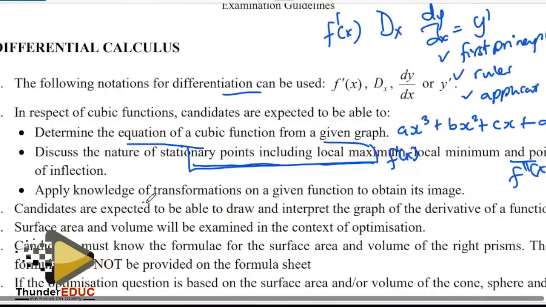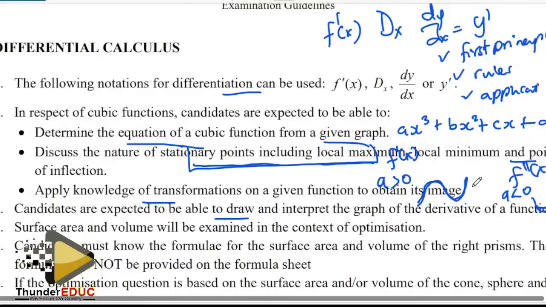Then apply the knowledge of transformation on a given function to obtain the image. Okay, candidates are expected to be able to draw. So when you're drawing, the A has an effect. If A is positive, then you're going to have this kind of shape of a cubic. If A is negative, then you're going to have something like that. Bear that in mind. Then that is the graph of the derivative of a function.